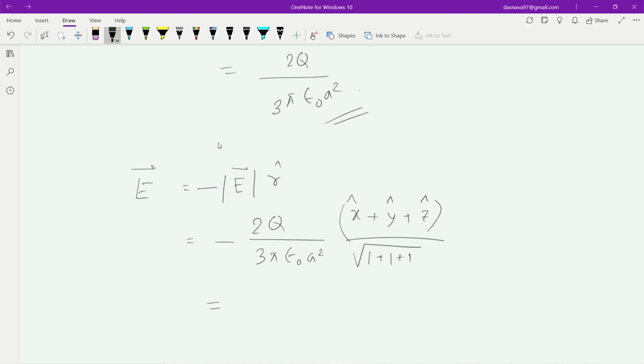That is minus 2q by 3 root 3 pi epsilon naught a square times x cap plus y cap plus z cap. So the answer is option 3.